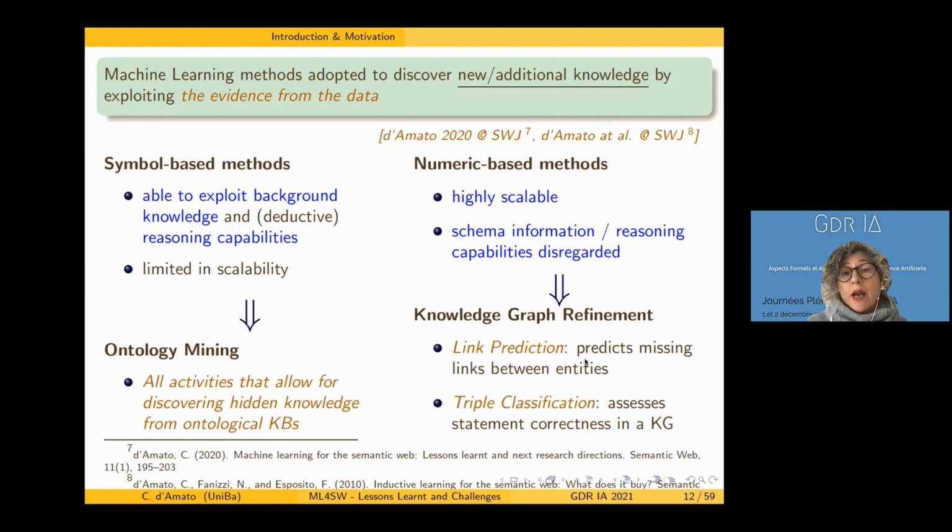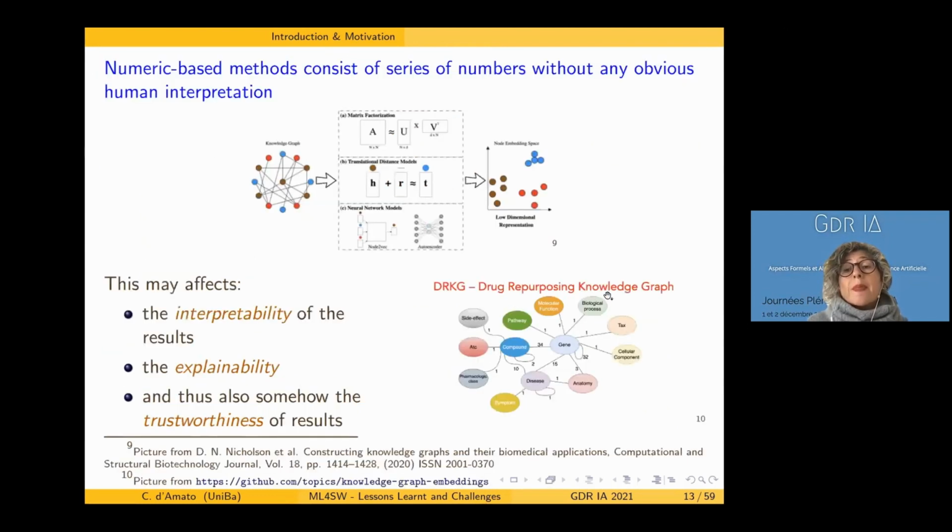But on the other hand, these methods actually disregard any schema-level information and reasoning capabilities. The other problem with the numeric-based learning methods is that they mostly consist of a series of numbers without any obvious human interpretation. And this would be a problem in some domains, such as the drug domain, where we would like to predict the side effect of a given compound, but most of all, we would like to understand somehow the motivation of this prediction.